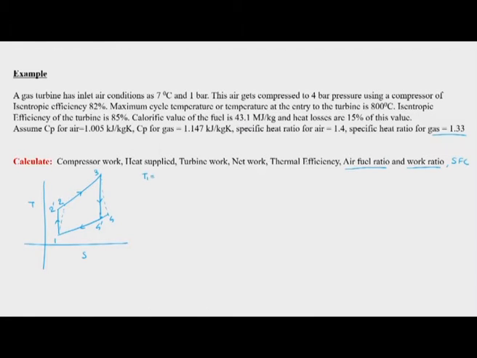We are given T1 as 7 degrees Celsius, which is 7 plus 273 Kelvin. We are given P1 is equal to 1 bar, and P2 is equal to 4 bar. So, we are given Rp is equal to 4.